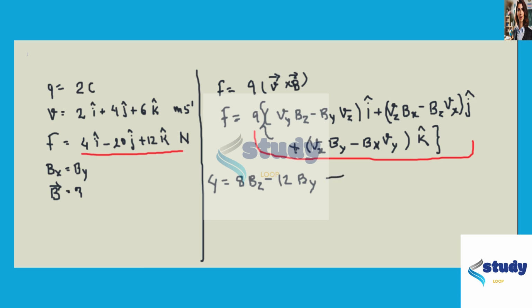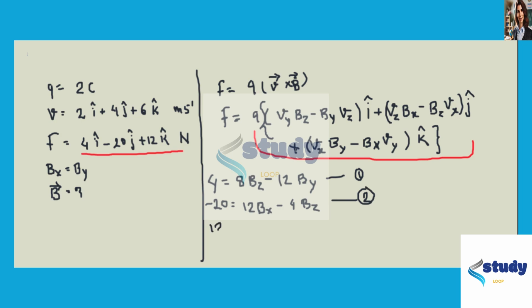Right? So let me call this equation 1. If you compare the j direction force, then minus 20 will be equal to 12 Bx minus 4 times Bz. Right? So this is the second one.